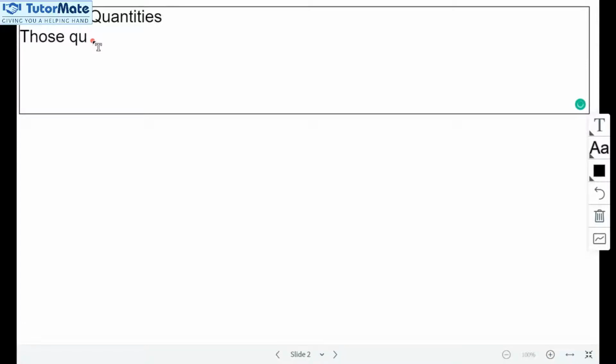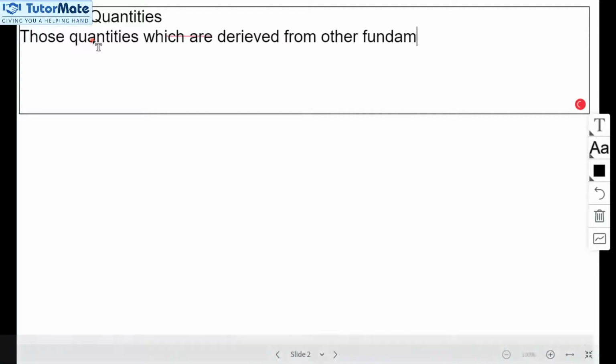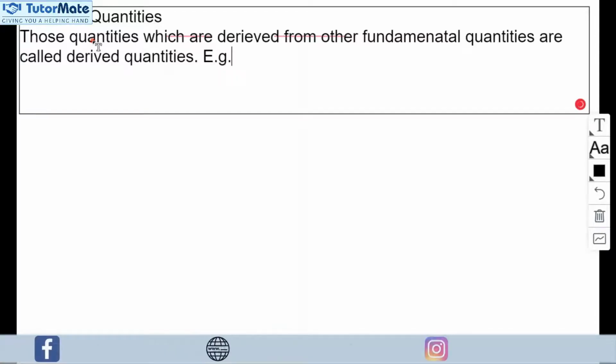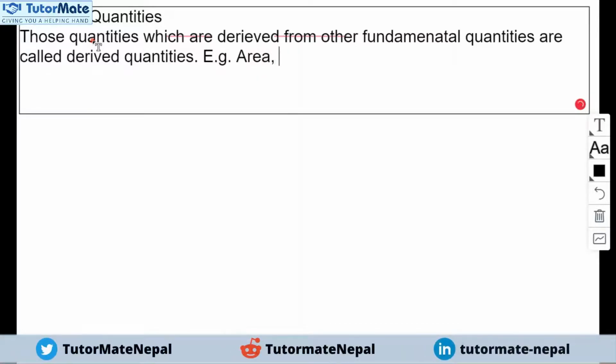Those quantities that are derived from other fundamental quantities are called derived quantities. Can you give some examples? Derived quantities examples would be Tesla, force, acceleration, velocity.